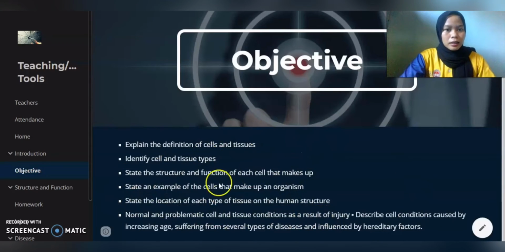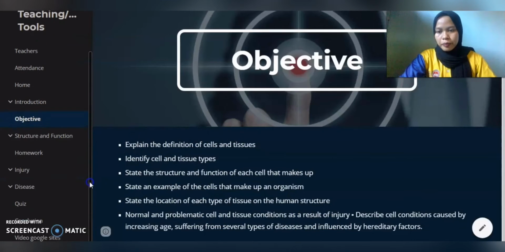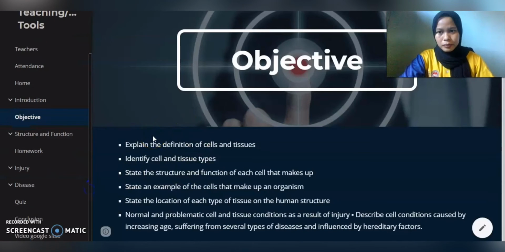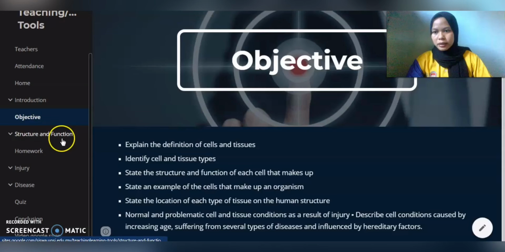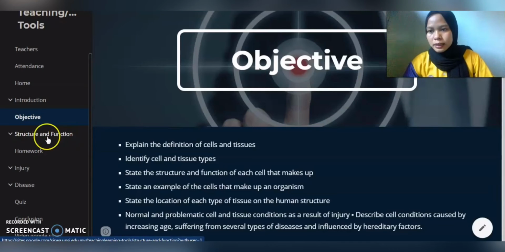So these objectives are given in this Google site by us.